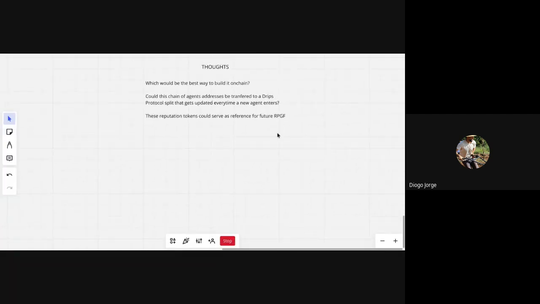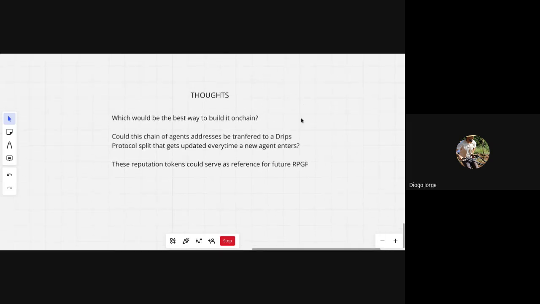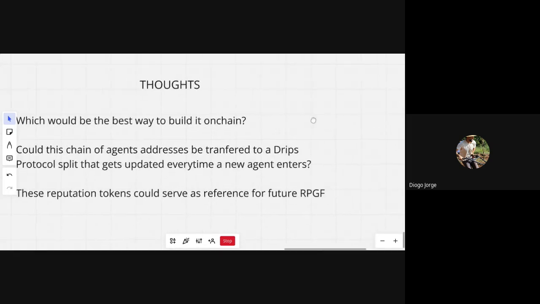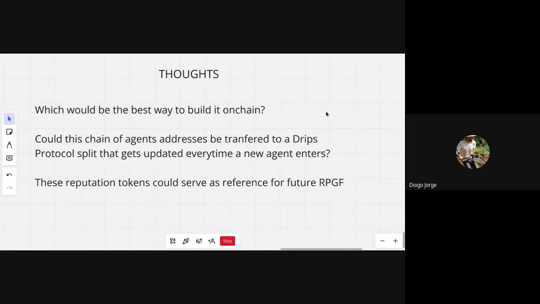So we think about which would be the best way to build it on chain. Could this chain of agents' addresses be transferred to an already existent DRIP protocol, for example, that splits the content of the transaction to previous set agents?